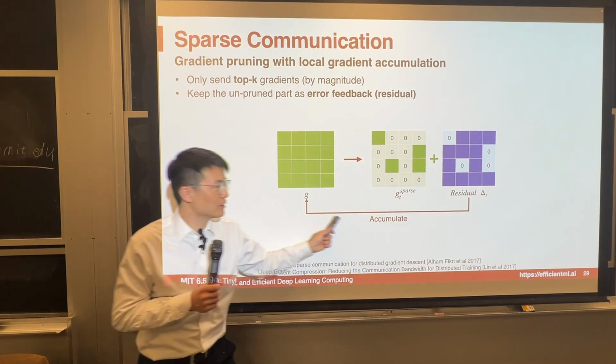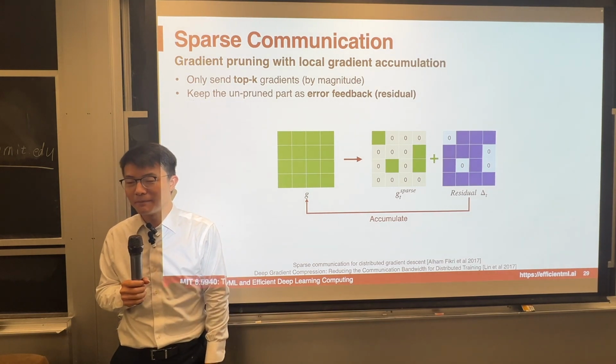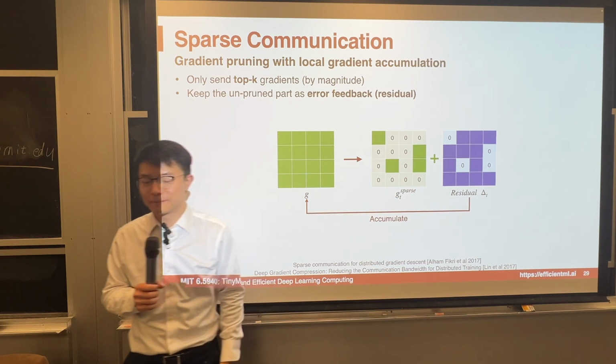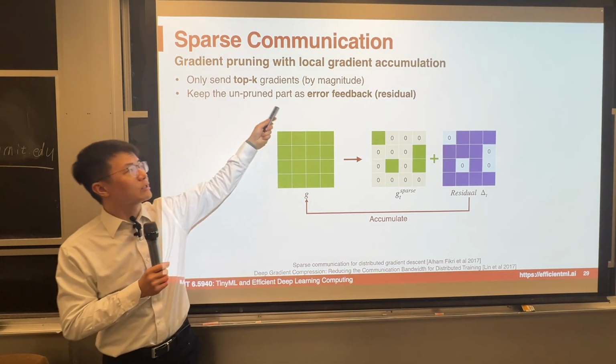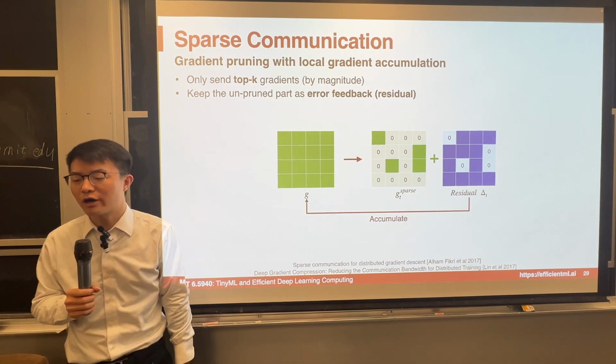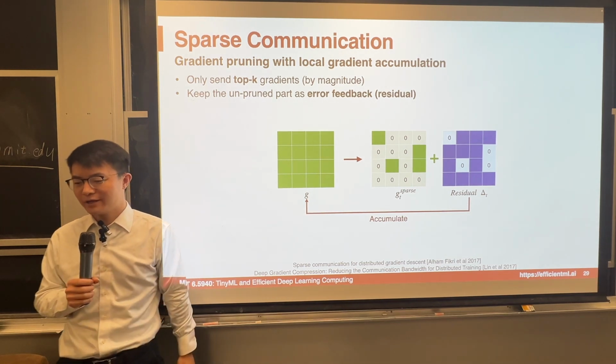So we can accumulate them in the next iteration until it exceeds this threshold, and then it gets sent out. We call it error feedback. So keep the unpruned part as the error feedback.